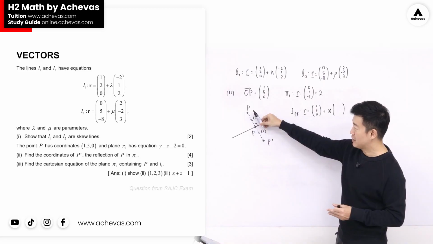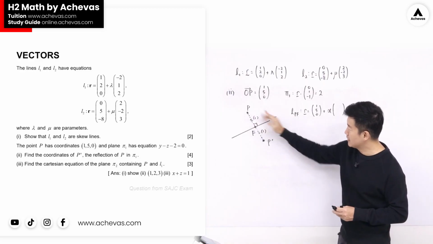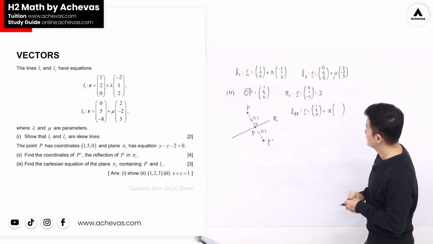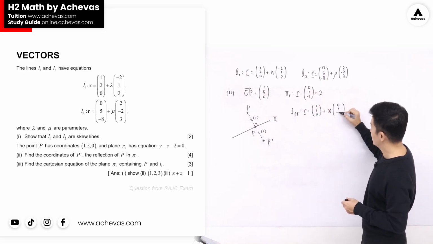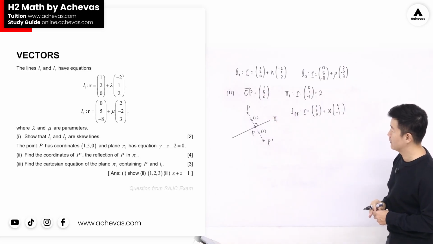And the direction that is parallel to this will be a vector that is perpendicular to pi 1. And a vector that is perpendicular to pi 1 is going to be this. So this (0, 1, -1) is going to be parallel to the line that passes through PF.